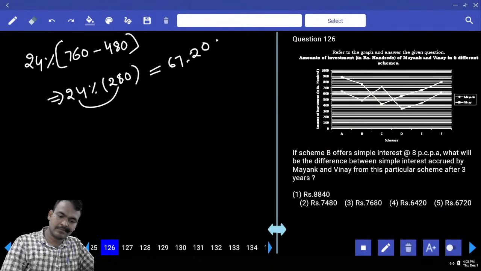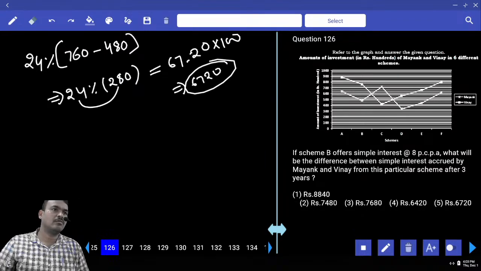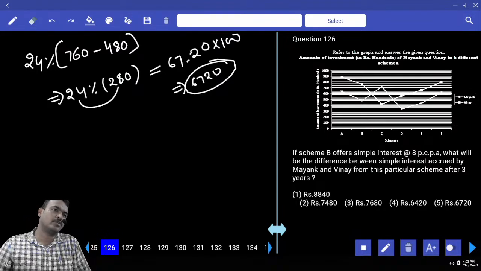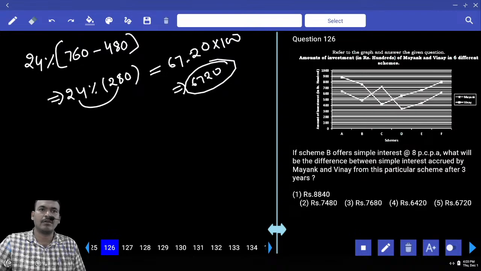What is the answer? 6720. One invested 760, another one 480. One is 24% of 760, another one 24% of 480. Difference will be 24% of 280.